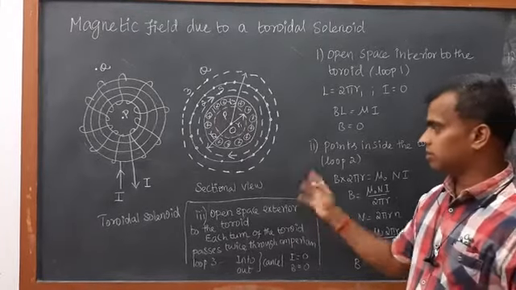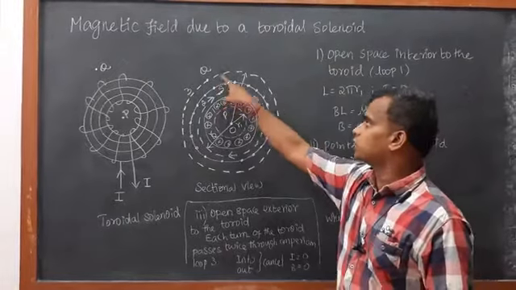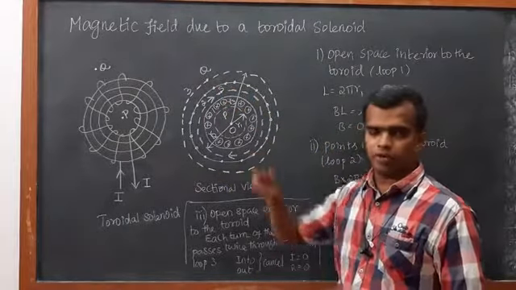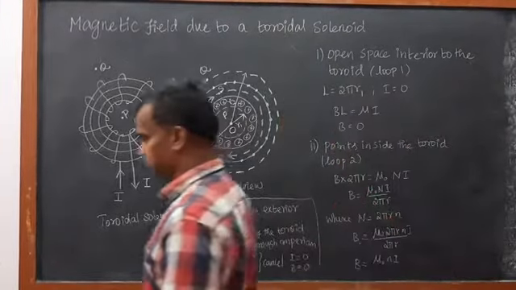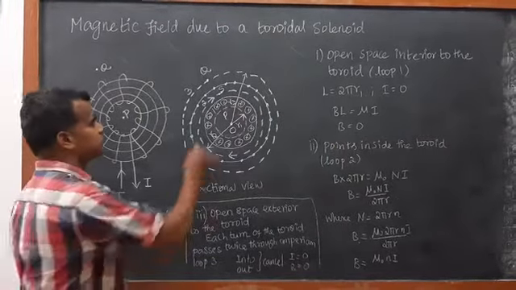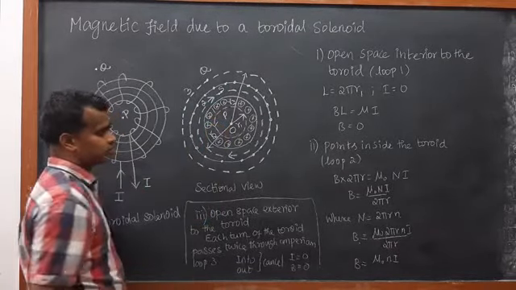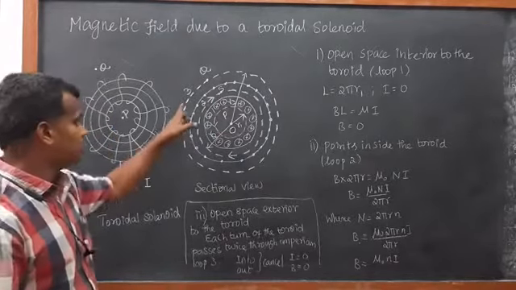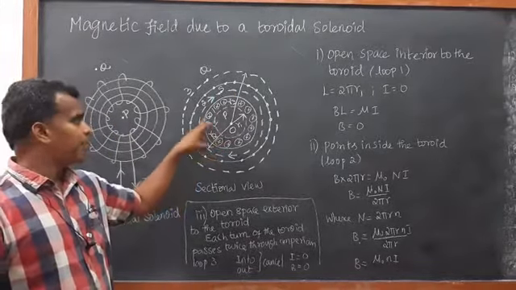In the third case, the open space outside the toroid, this place. For this one I am going to consider the third Ampere loop. Look at the first Ampere loop and second Ampere loop. What about the direction of these two? Yes, this one goes clockwise and this one goes anticlockwise. So the third Ampere loop consists of two loops, loop 1 and loop 2.